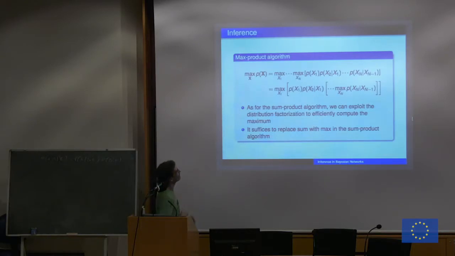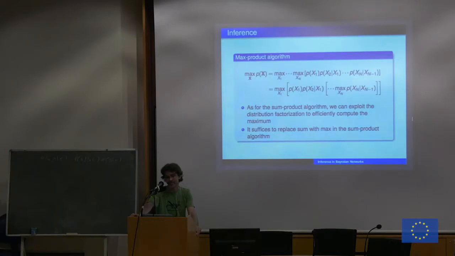And now, much as before, the maximization over xn only affects the part of the decomposition in which xn appears, because the rest is constant. So you can bring the maximization down to the end and maximize over xn, p of xn given xn minus 1.